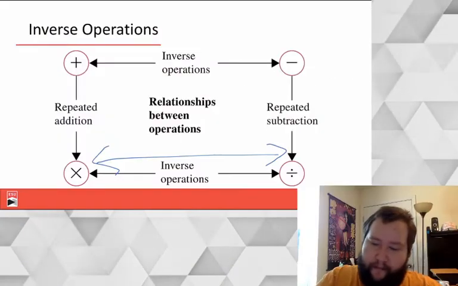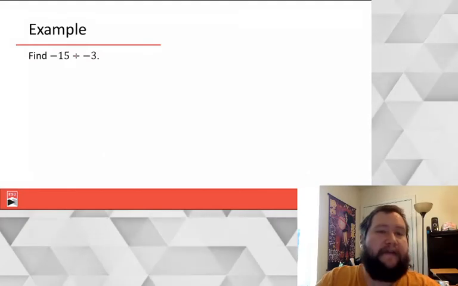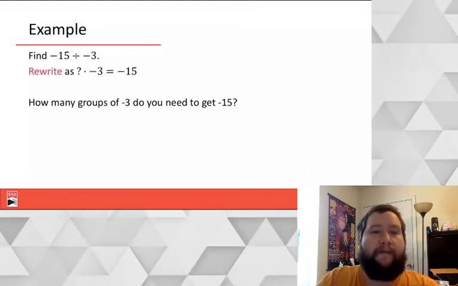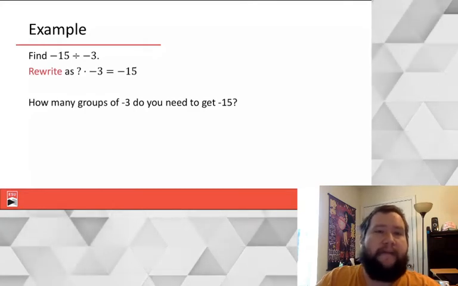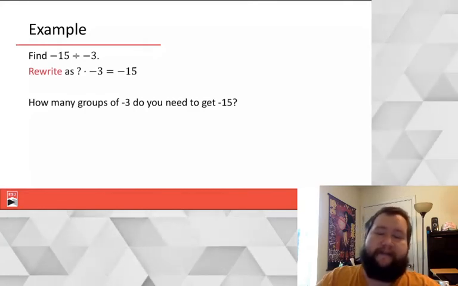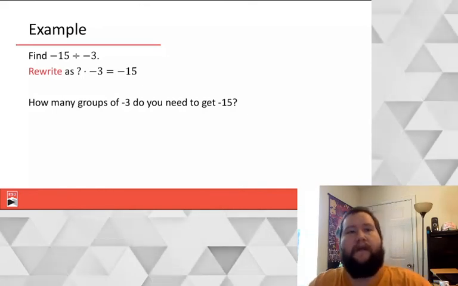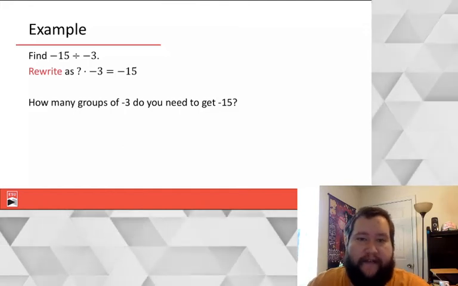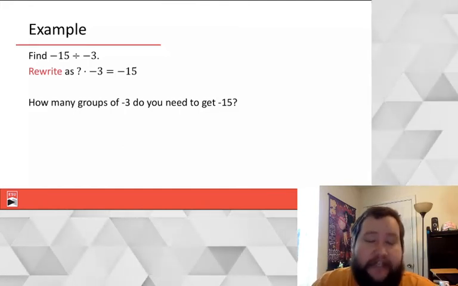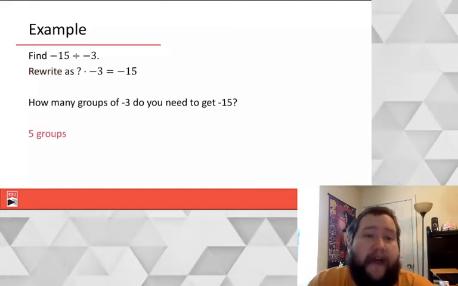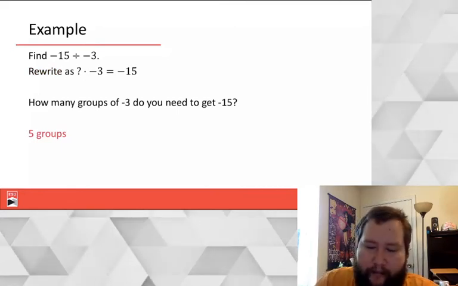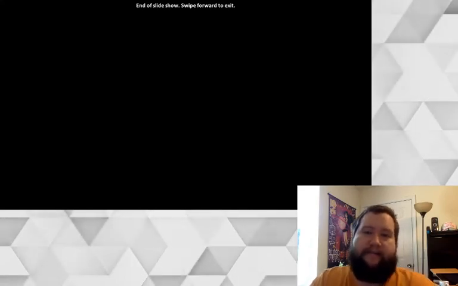If we have negative 15 divided by negative 3, first we'll rewrite this: some number times negative 3 gives us negative 15. So how many groups of negative 3 do you need to fit negative 15? At this point it's repeated addition, and you just need 5. So 5 groups of negative 3 give us negative 15. And that's integer operations in a nutshell.